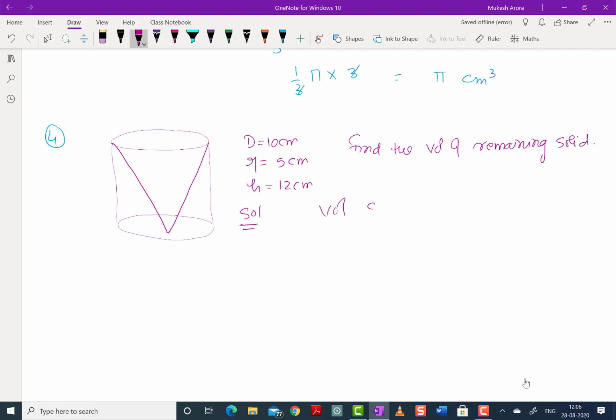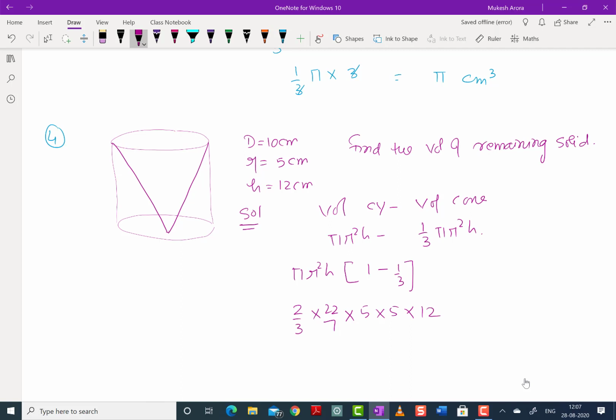That means volume of cylinder minus volume of cone. Volume of cylinder is pi r square h minus 1 upon 3 pi r square h. Pi r square h is common, so 1 minus 1 by 3, that is 2 by 3 pi, radius 5 into 5, h 12.